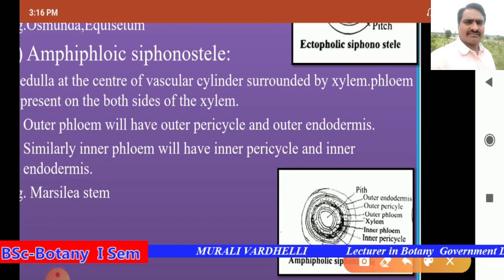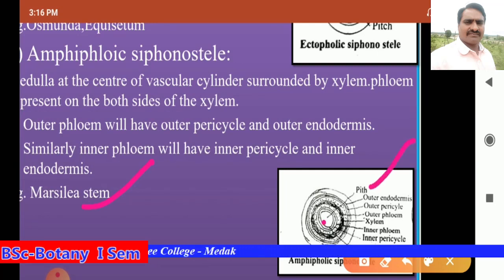This type of siphonostele is called amphiphloic siphonostele. Example, in Marsilea stem or rhizome, we can observe this type of amphiphloic siphonostele. First, this one is the pith.